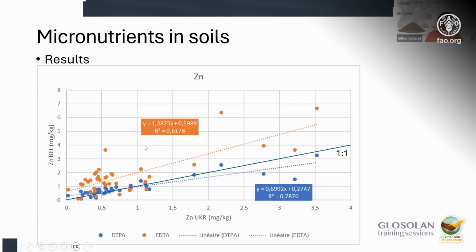It is a bit more different for the EDTA, but looking at all the four elements, it seems that zinc is the least different according to the three different methods. To my opinion, it's clearly linked to the fact that it is less sensitive to chelation than the others.